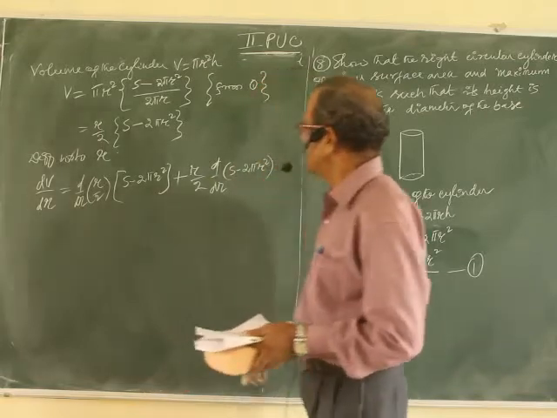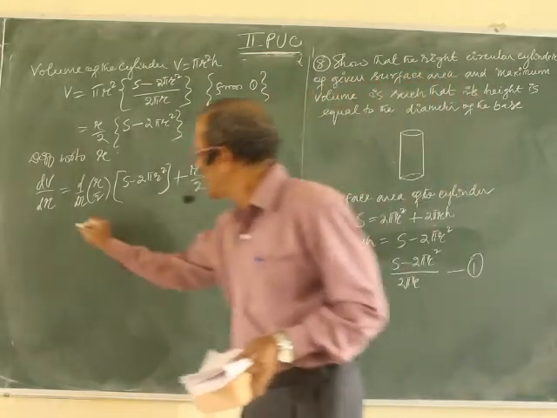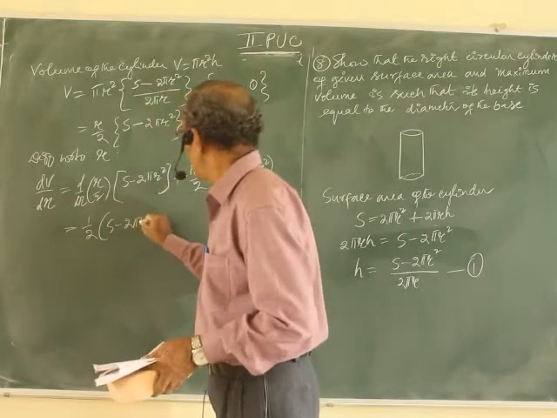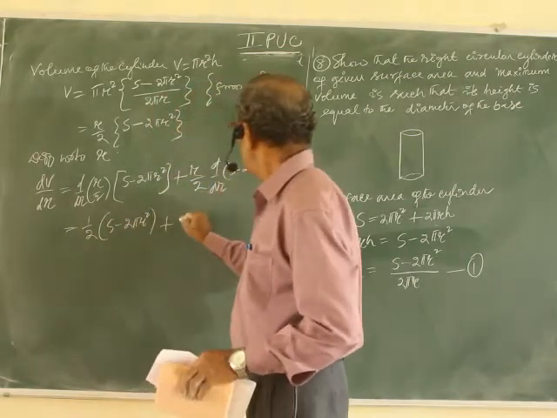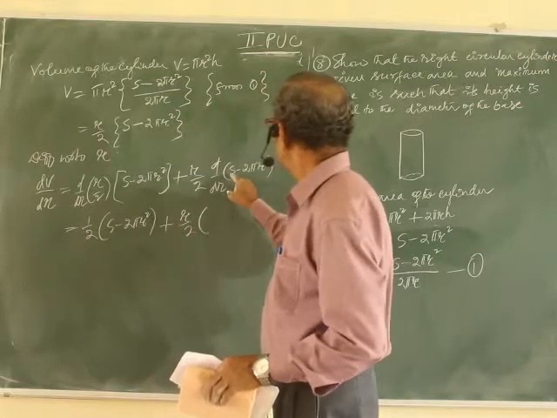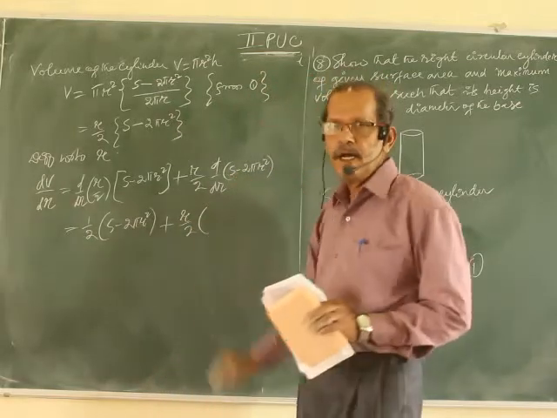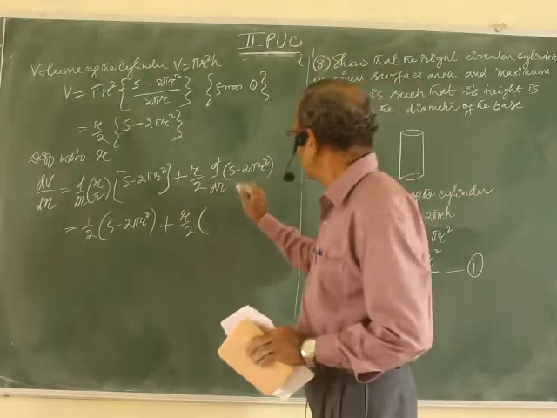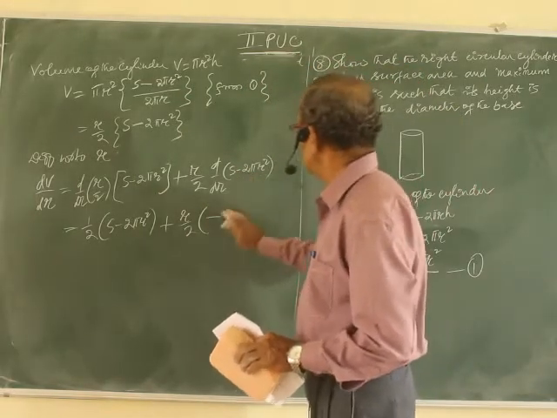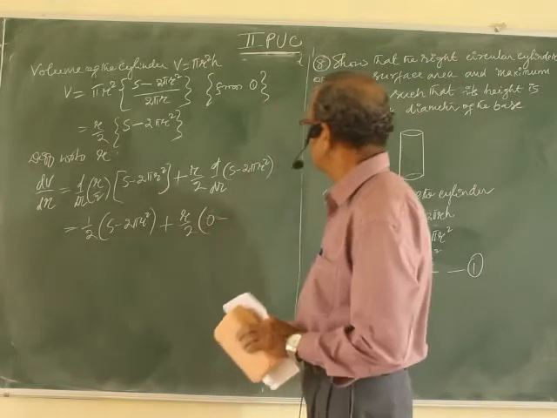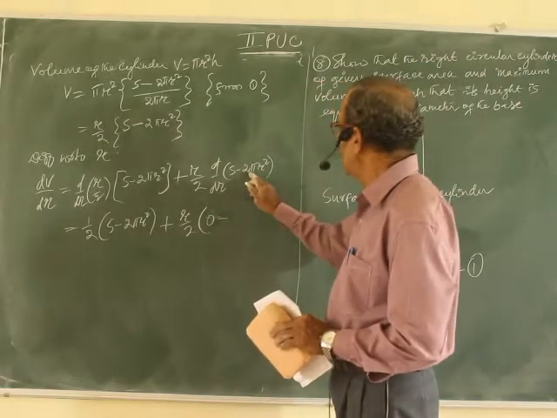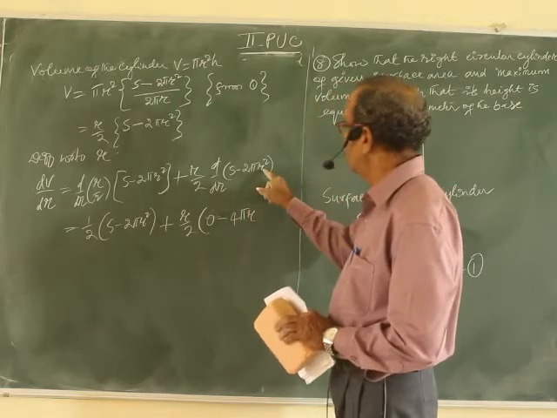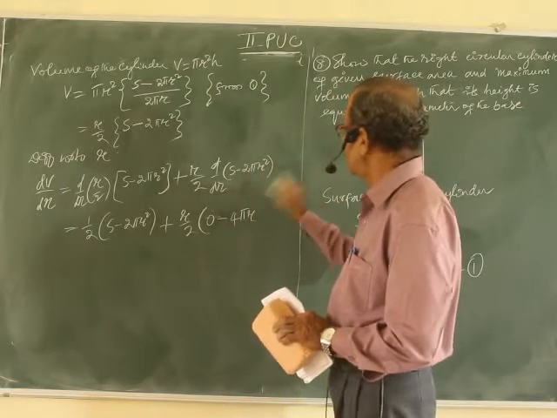Work out yourself several times. Equal to 1 by 2 into S minus 2 pi r square, plus r by 2 into derivative; S is the surface area given, constant, fixed, and the derivative of 2 pi r square is 4 pi r. Yes.